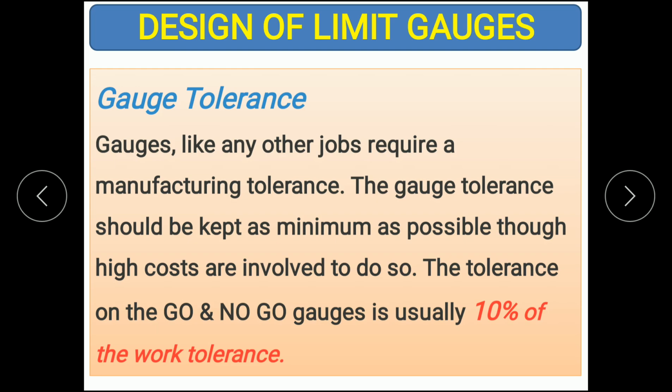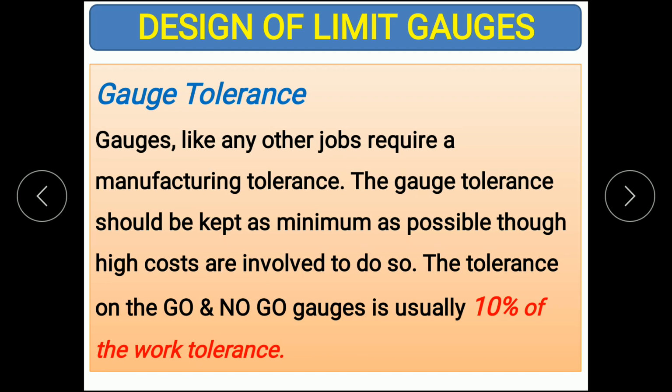Next is gauge tolerance. Gauges, like other jobs, require manufacturing tolerance, because gauges also have to be manufactured. If you want to manufacture, you should provide tolerances, because you cannot manufacture any part to the exact dimensions.